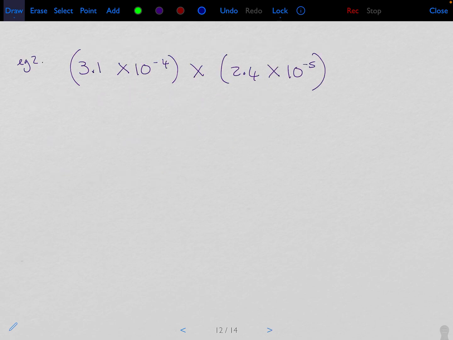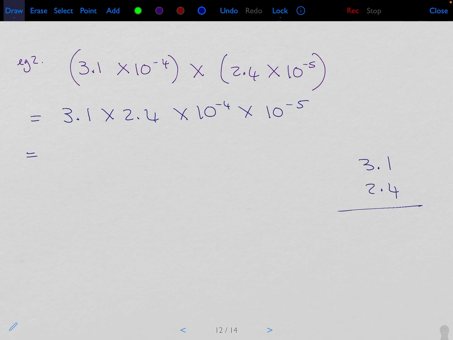Here's a second example. Now this one's a bit harder because it's got numbers that are not as easy to multiply. I'm again going to write down as my first step the thing with the difference in order. Then I'm going to multiply 3.1 by 2.4. Now you know that 3 times 2 is 6, so your answer will be close to 6.